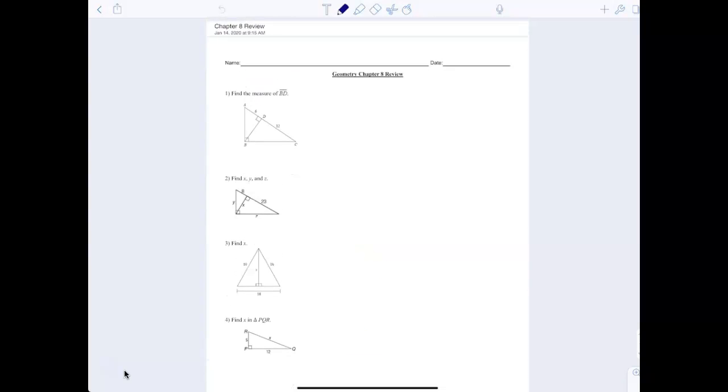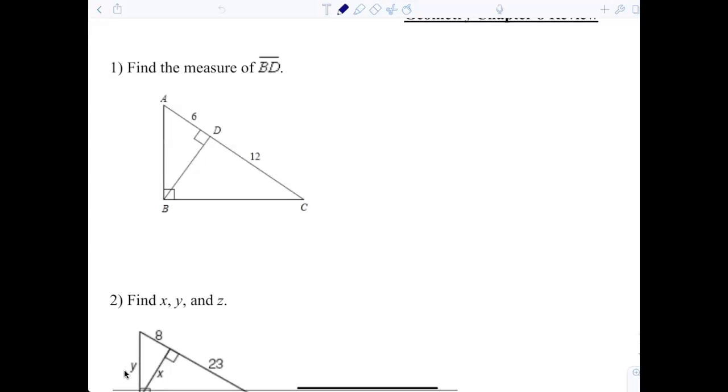All right, so some of you were whining about this stuff yesterday, so I wanted to talk to you about it again, just to review. It had everything to do with short leg, long leg. So if I'm looking for BD, let's put an X there.